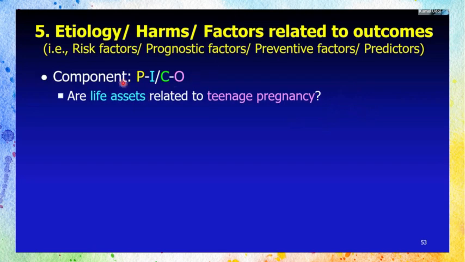So there is no P here, but it's talking about teenage pregnancy, so P must be teenager. Intervention, life assets, still need clarification. What does life assets mean? Outcome is teenage pregnancy. And here I and C will be considered together, life assets compared to no life assets.